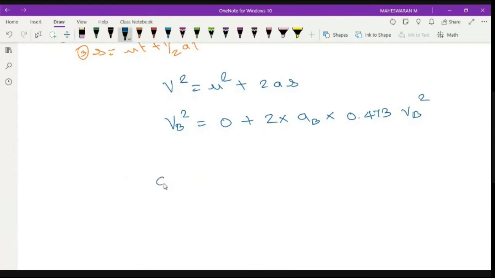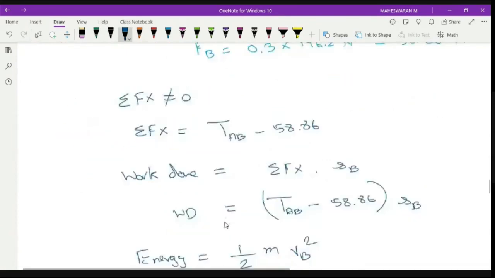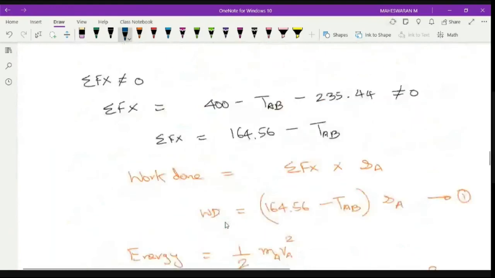So AB is equal to VB square divided by 2 into 0.473 VB square. So this VB square gets cancelled. So 1 by 2 into 0.473. What is the value of AB? 1.057.